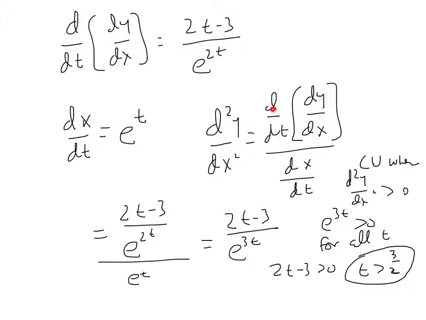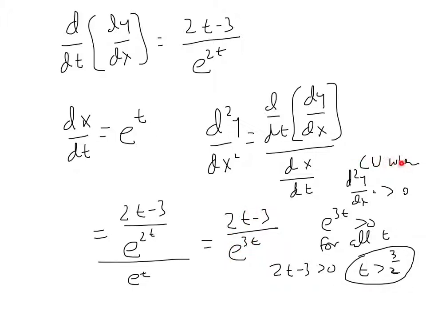We found the derivative of dy/dx with respect to t, and now we're finding the derivative of x with respect to t and dividing that out. So we have 2t minus 3 over e to the 2t over e to the t, because that's the derivative of e to the t. And this is just going to invert and multiply and give us 2t minus 3 over e to the 3t.